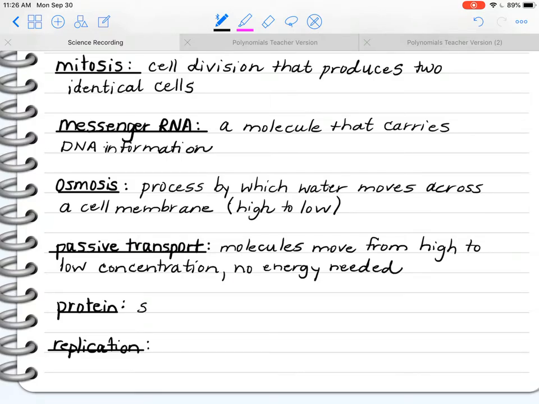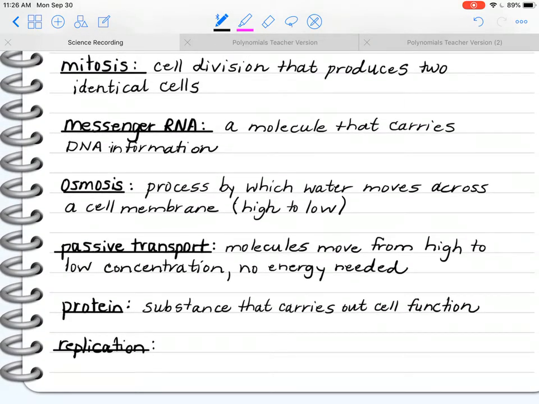A protein is a substance that carries out cell functions. Proteins are essential to life. You need to eat a diet that has good lean protein because those proteins are essential for proper cell function. Replication. Replication means copying. It is the process in which chromosome DNA is copied.